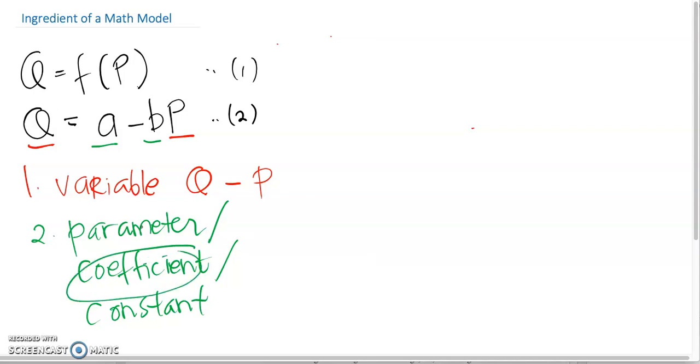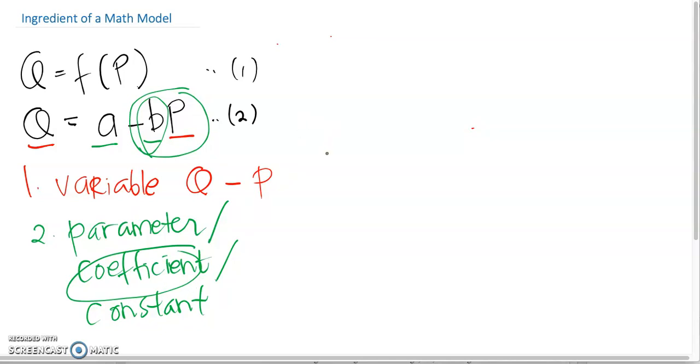Coefficient is usually used as a term for the constant number that is attached to a variable. But a parameter or coefficient is sometimes called a constant.